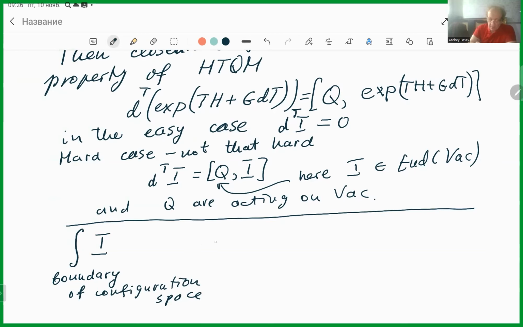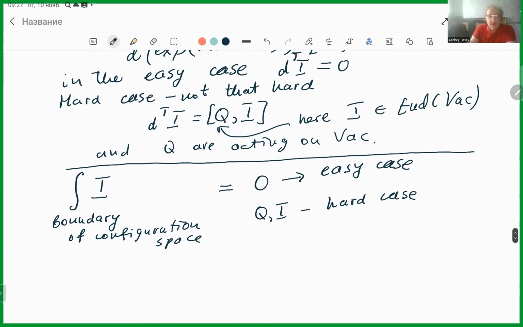Now, this would be 0 in the easy case. It would be Q applied to the integral of I in the hard case. Now, what is interesting about the boundary of configuration space?